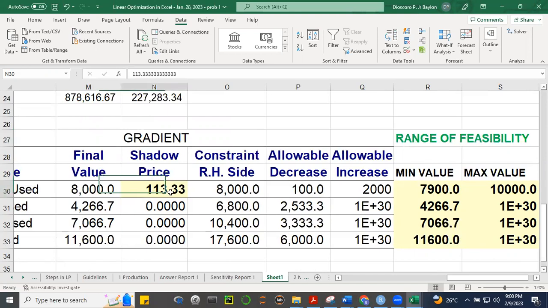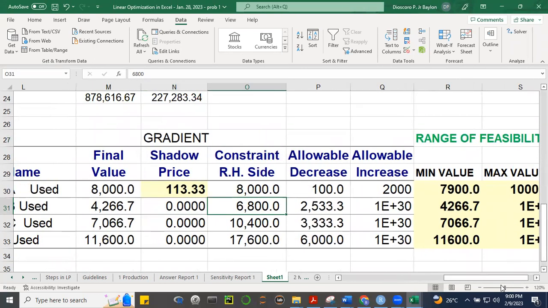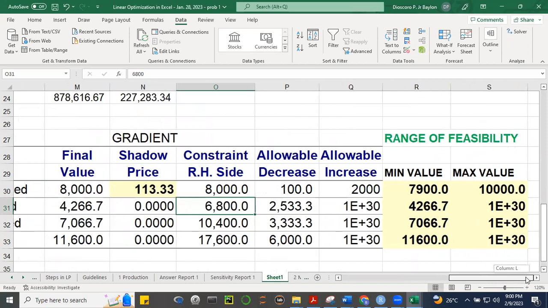Okay? So dito ang tinitingnan natin yung shadow price. When is the shadow price valid? Dito, 0. Ano ibig sabihin nito? Si chemical B, no? 6,800 siya. Kahit dagdagan pa natin ng dagdagan yan, okay? Dagdagan natin ng dagdagan yan, shadow price 0. So walang effect yan dun sa objective function natin.